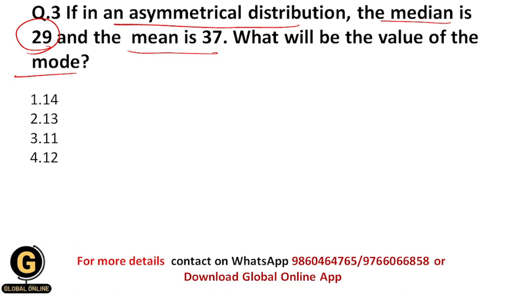Whenever there is an asymmetrical distribution, there is a proper relationship between these measures of central tendency. So what is that? In that relationship, 3 median is equal to mode plus 2 mean.